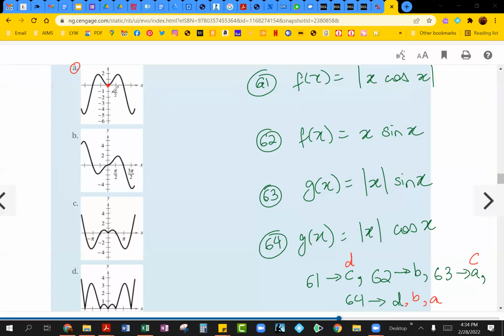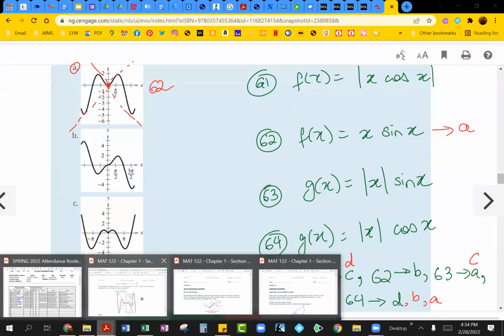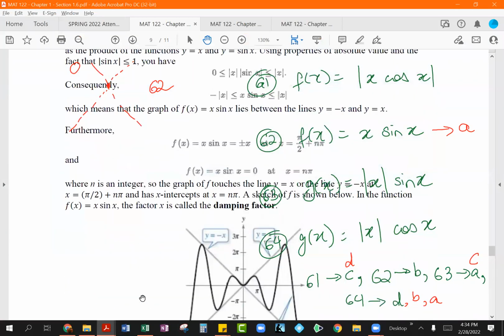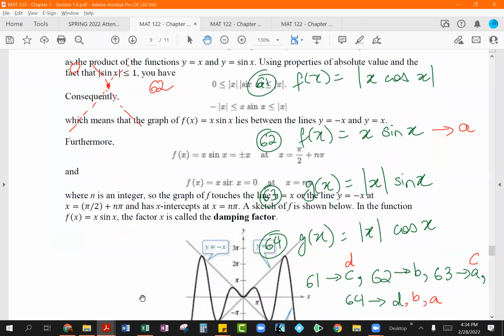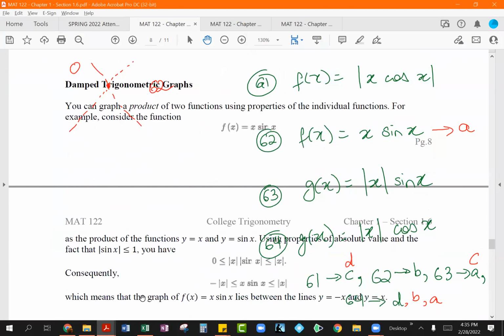The other thing you will notice here is that even though you don't see those lines, you actually have the y equals x line and y equals negative x. So actually 62 is the function that goes with A. This is the same function that we talked about right here with the x times sine of x.